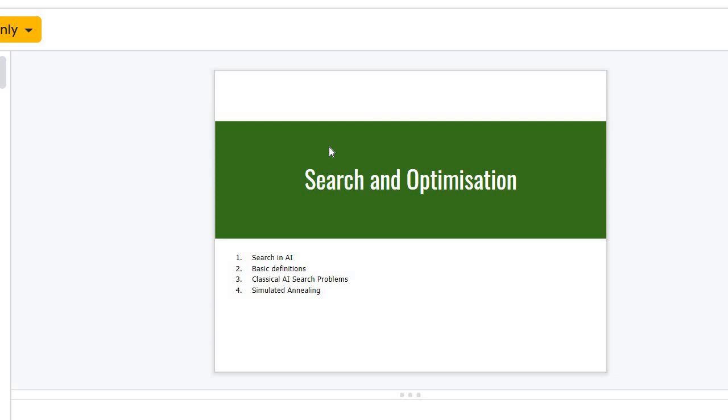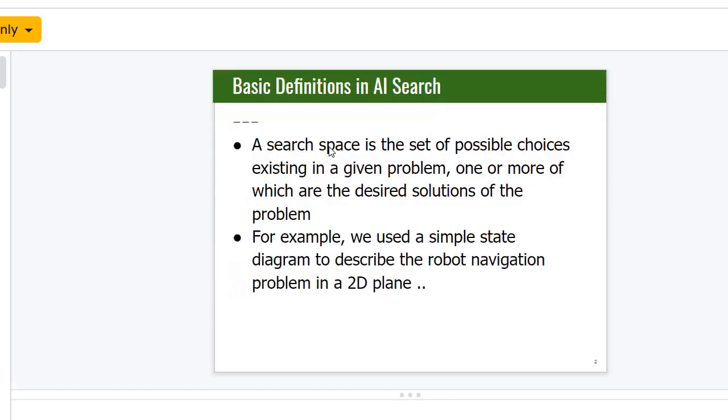Now, moving further, if you can see the next diagram, it shows you the search space. Search space exactly means the possible choices that are there for a given problem.